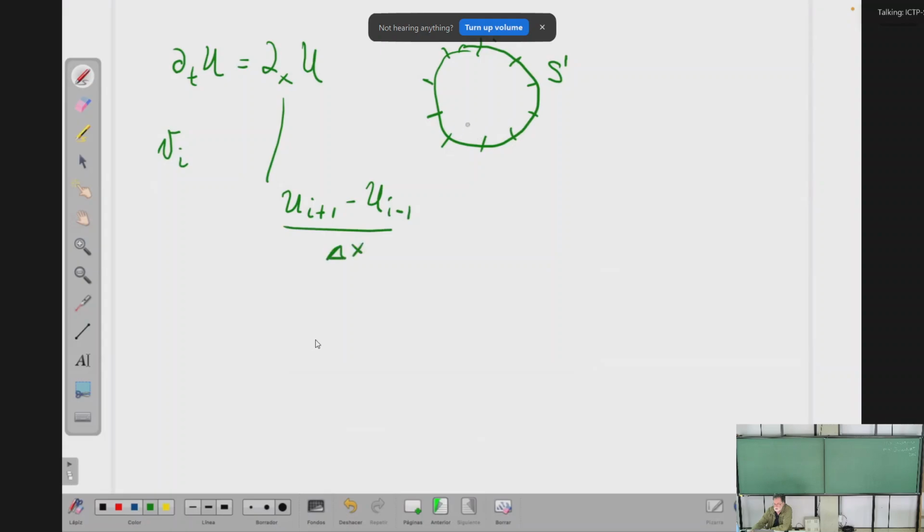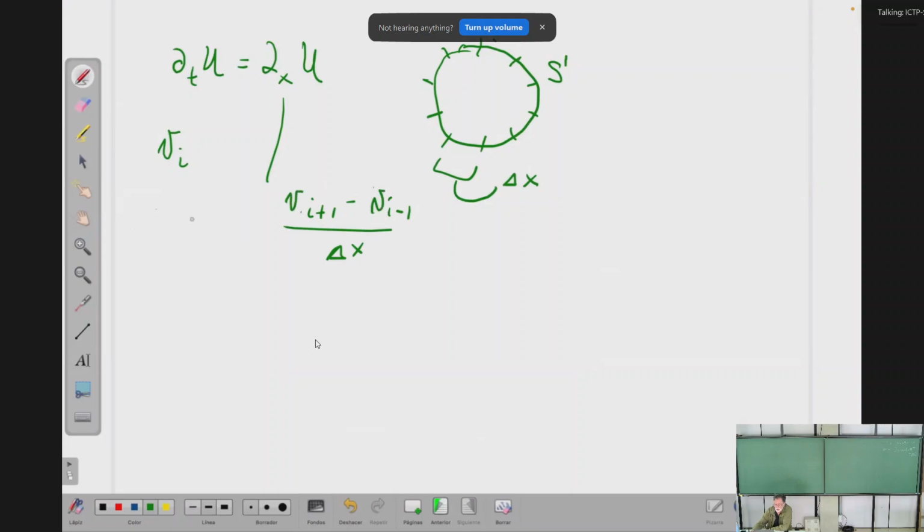The dx is this distance. This is delta x. So I will get an equation like this, just the approximation.